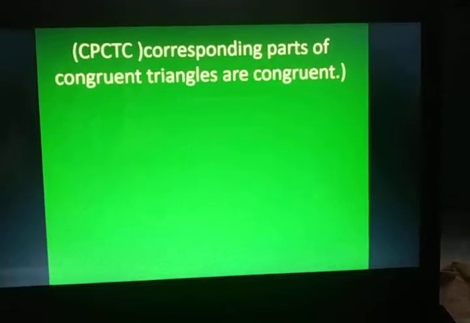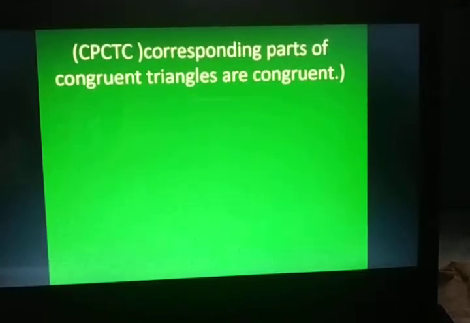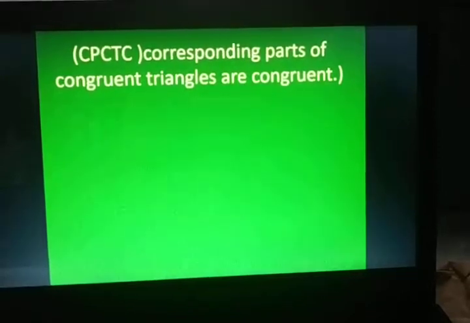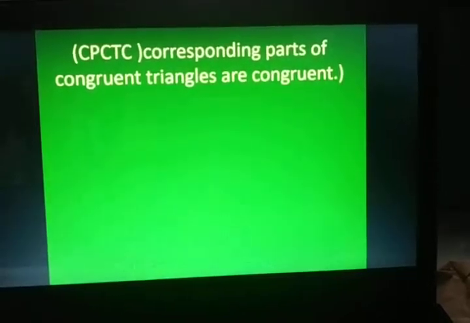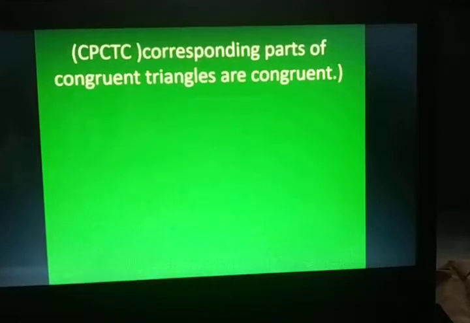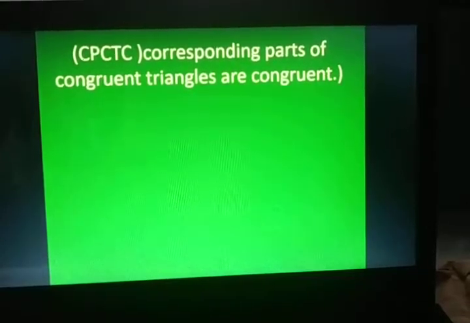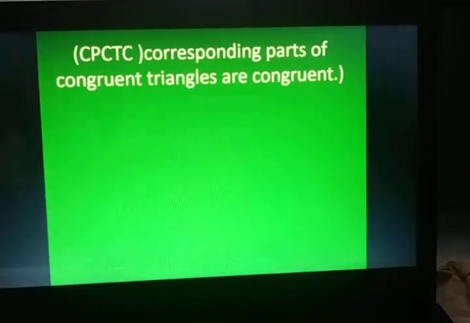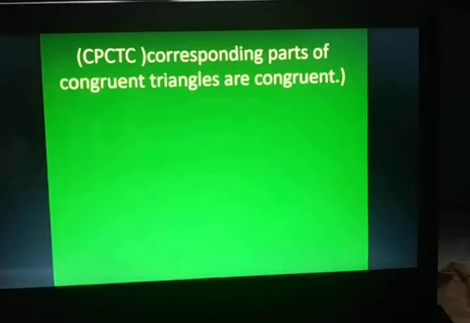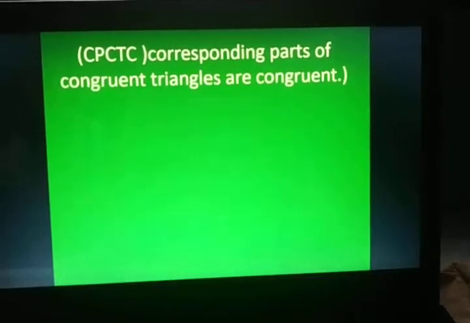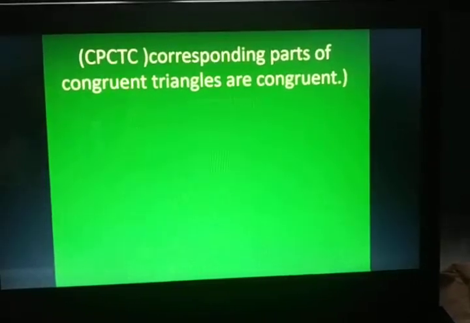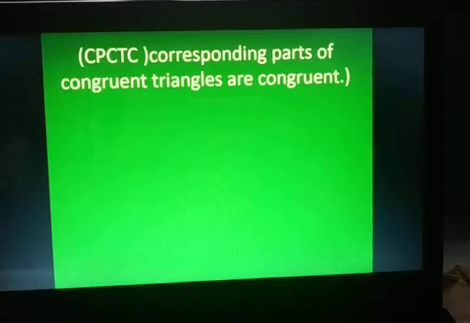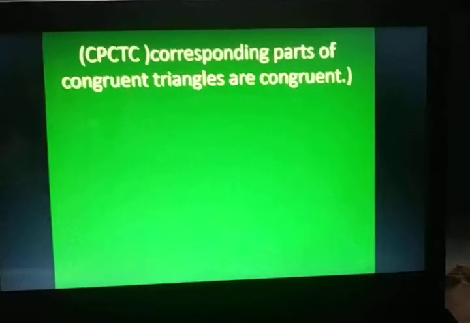If the sides of one triangle correspond to the sides of another triangle, the vertices of one triangle correspond to the vertices of another triangle, and the angles of the first triangle correspond to the angles of the second triangle, then the 2 triangles are congruent or equal.